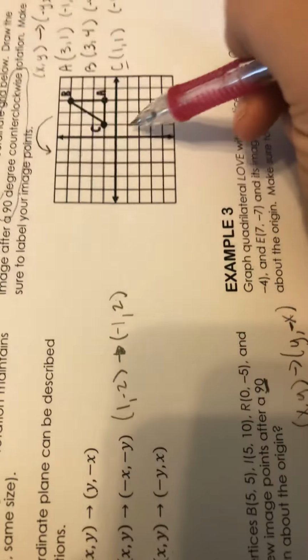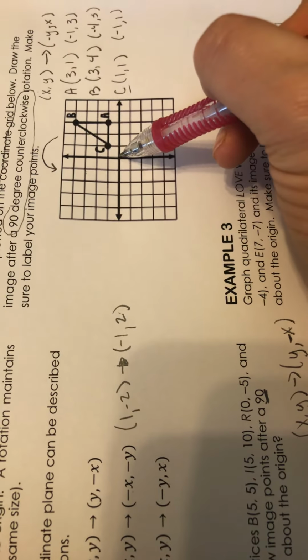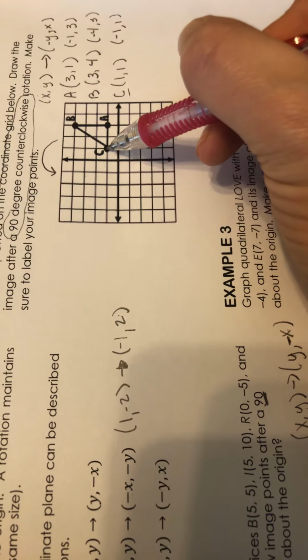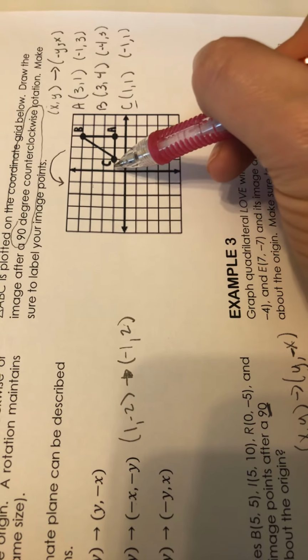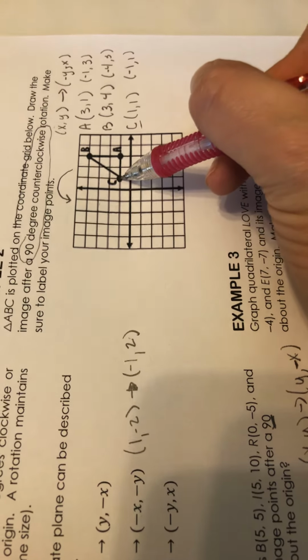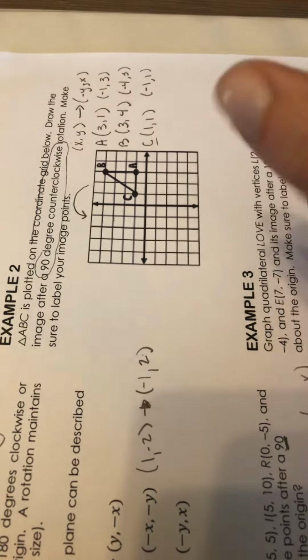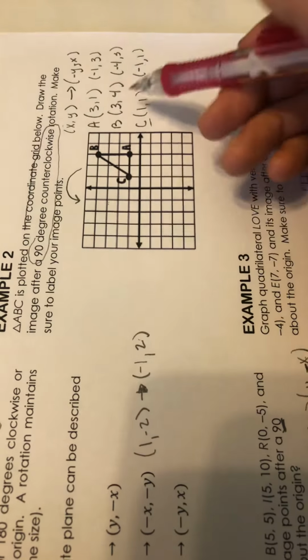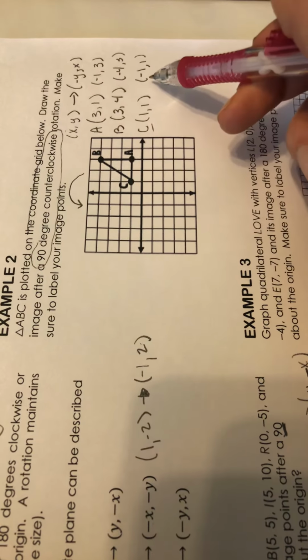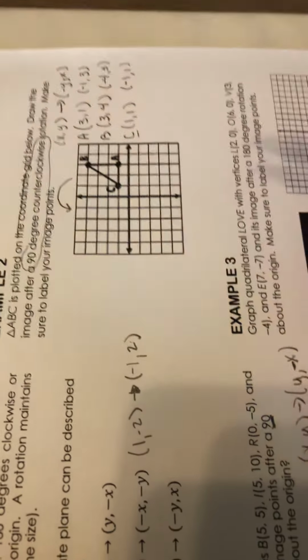When I turned my paper 90 degrees, you can tell that C, if this is where my pre-image is, is at negative 1, 1. So without knowing the rule, you can always turn your paper and figure out these coordinate points, so we don't have to memorize a rule.